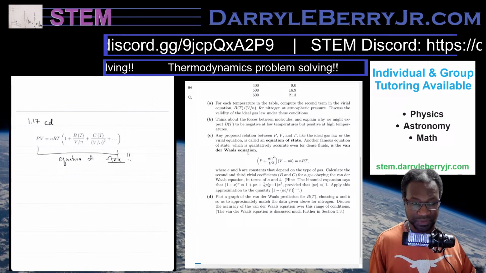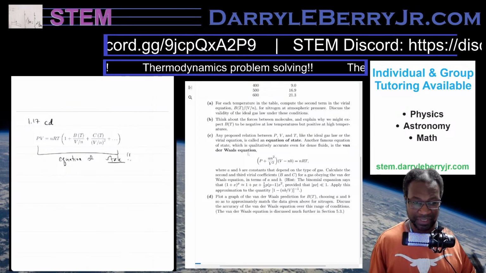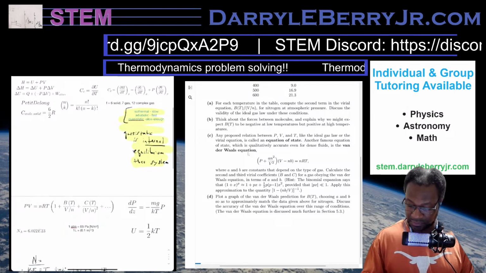Another famous equation of state, which is quantitatively accurate even for dense fluids, is the van der Waals equation. And I believe I do have the van der Waals.